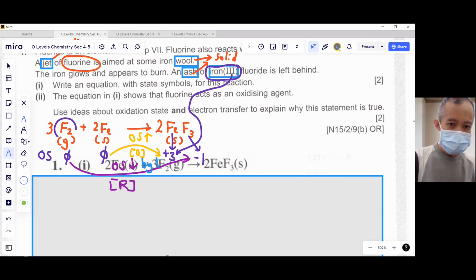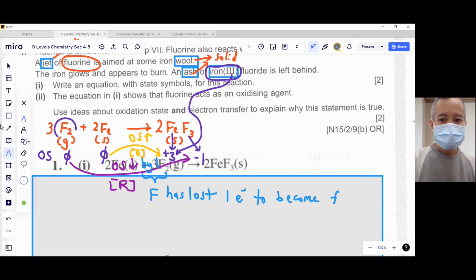So that means F has lost 1 electron to become fluoride.